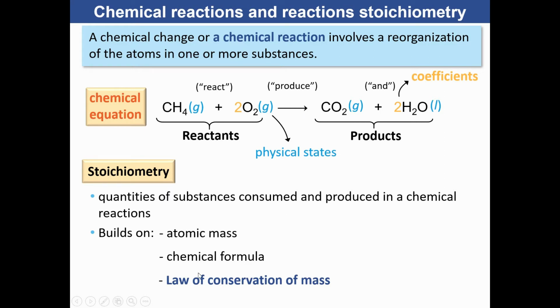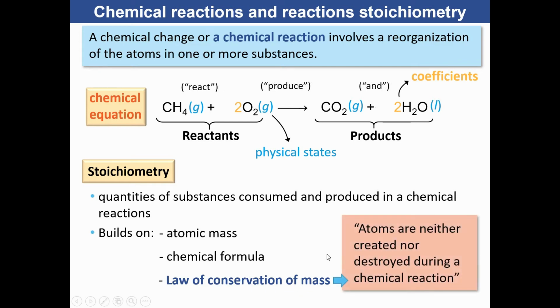This is because of the law of conservation of mass: atoms are neither created nor destroyed during a chemical reaction. So, for example, here we have 4 oxygen atoms, and here we have 2 plus 2, 4 again. So on each side, the number of atoms must be balanced.